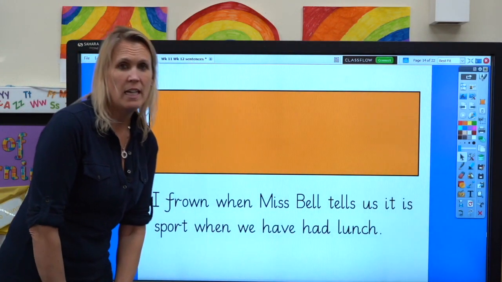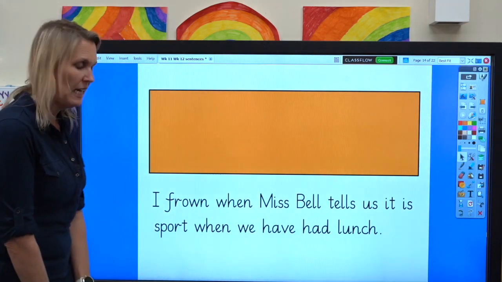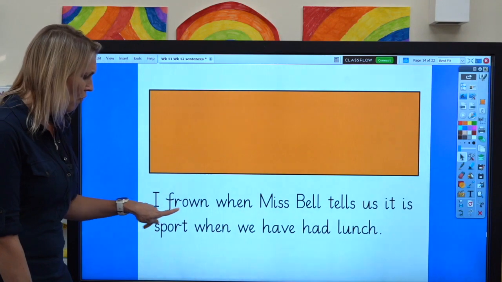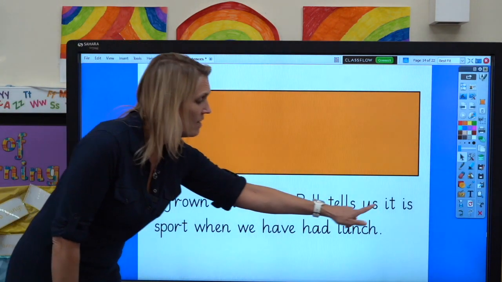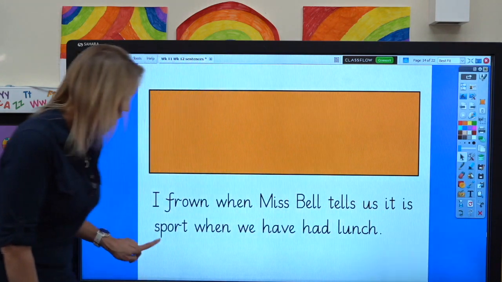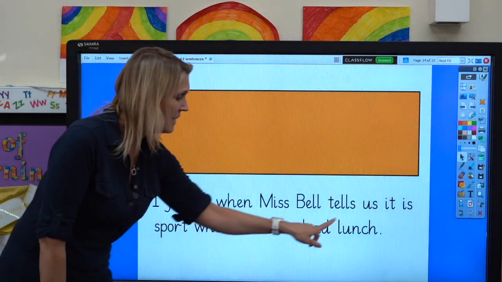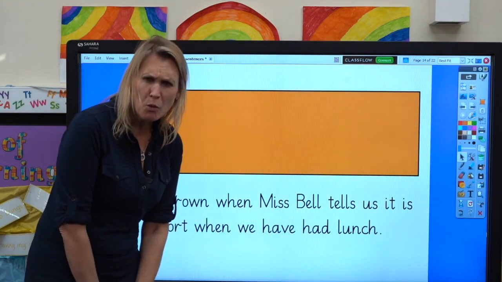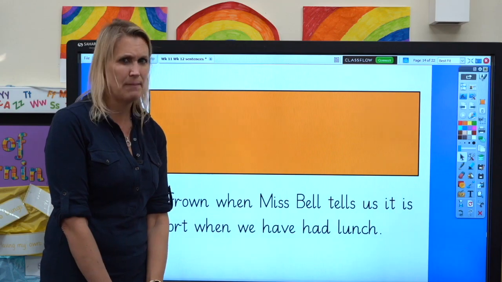Well done. Let's read it again, a little faster this time. Off we go. Let me hear you. I frown when Miss Bell tells us it is sport when we have had lunch. Do you like sport? My favourite sport is playing tennis.